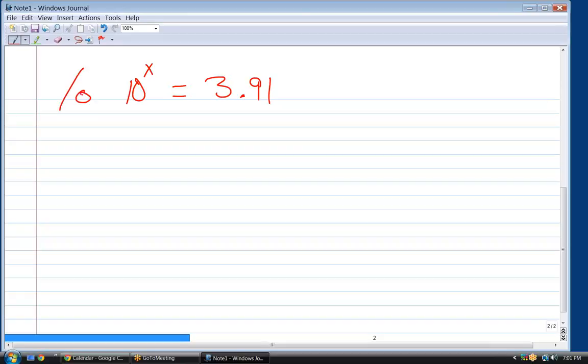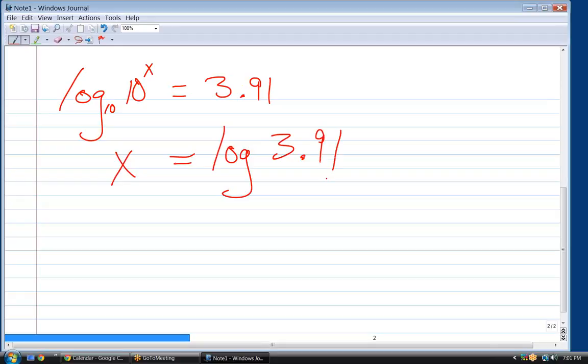And that is that if I take the common log, which is base 10, of 10 to the x, this becomes x. And I have to, of course, take the common log of the right side also. But just like algebra equations, you can take the log of both sides. And there's your answer. You can get that number out of a calculator.